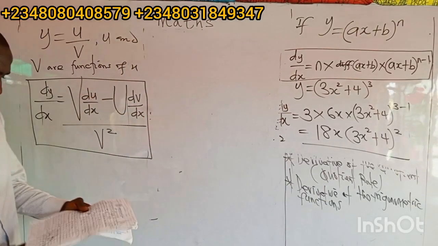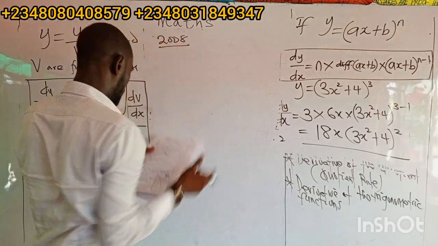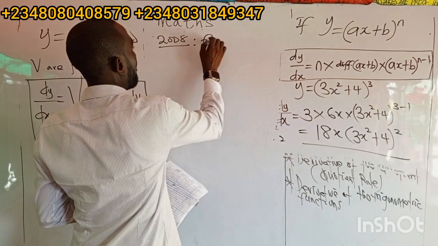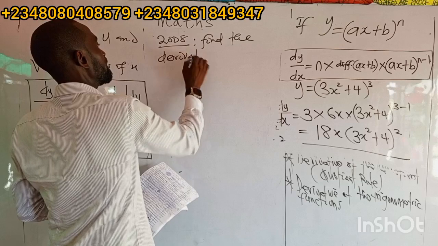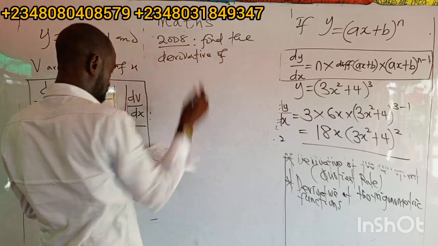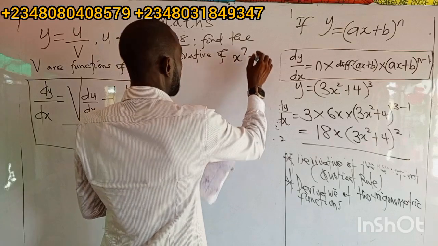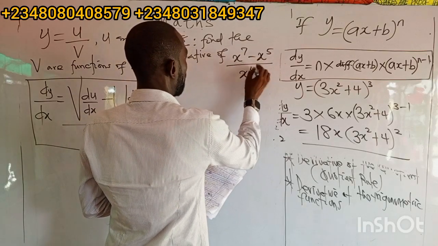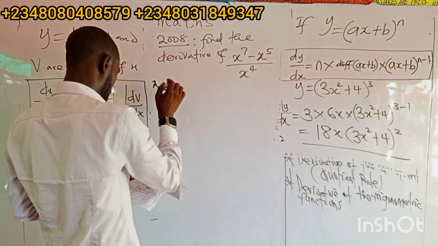Look at this: 2008 says, find the derivative of s raised to the power 7 minus s raised to the power 5, all over s raised to the power 4.